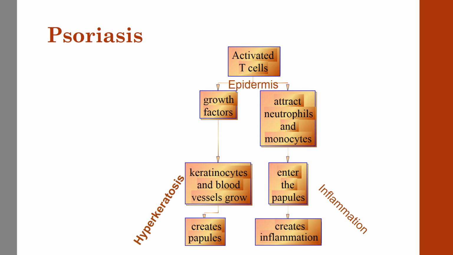Basically, two components: T cells, neutrophils and monocytes causing the inflammation, and growth factors telling the cells to rapidly divide. That's what causes it. Your immunity is tightly related to T cells, as we know, and if you suppress these guys, this will be under control.